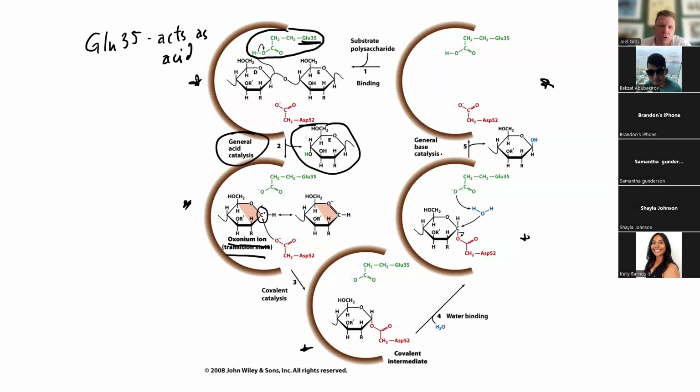That positively charged carbon is going to react with this negatively charged aspartate 52. That aspartate 52 and that positively charged carbon of our ring, we're going to form a bond between our sugar and our aspartate 52.